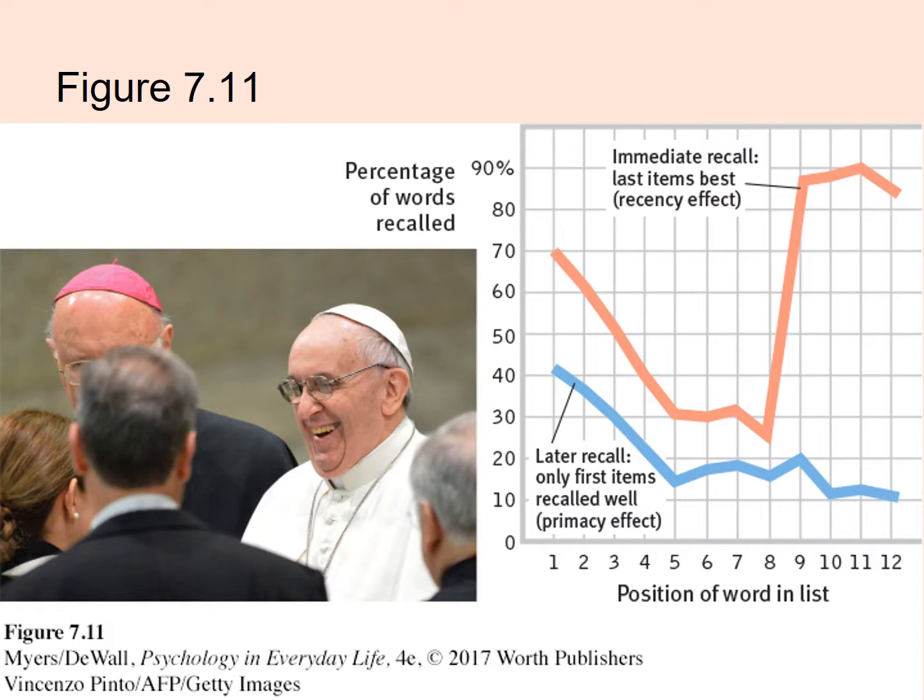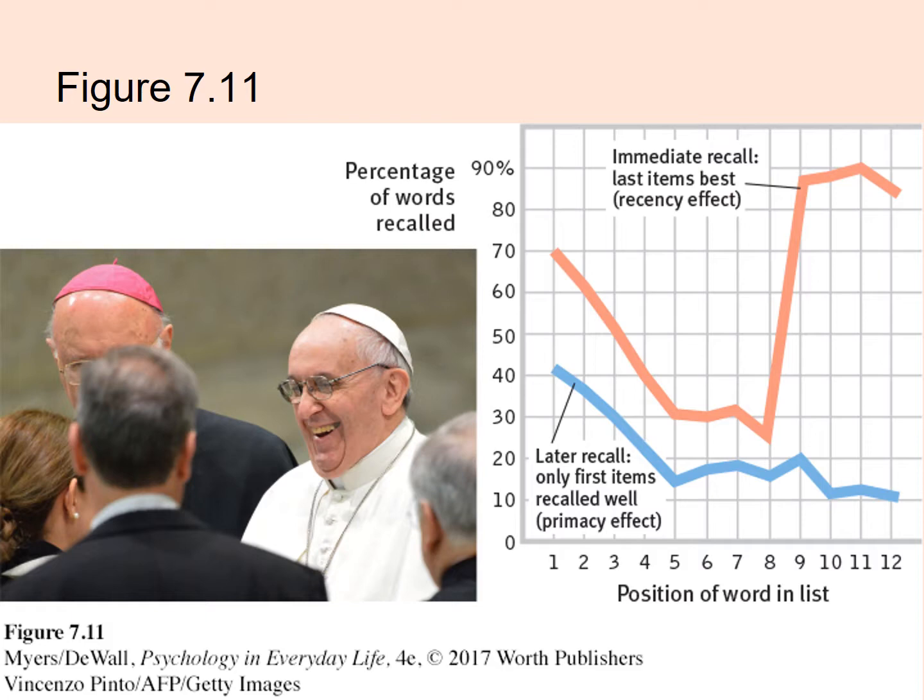So if you look at this graph, you have position of words in a list. So whether they were first, second, third, fourth, fifth, etc., it goes from left to right. And then on the y-axis is the percentage of words correctly recalled. So you can see in the blue, later recall, only the first items on the list were recalled well.